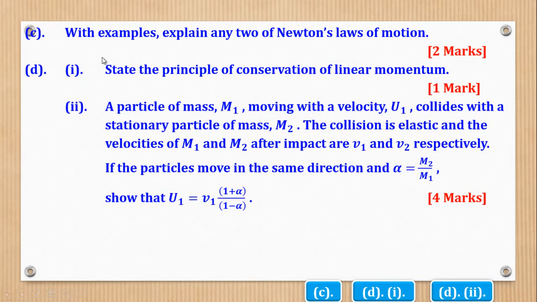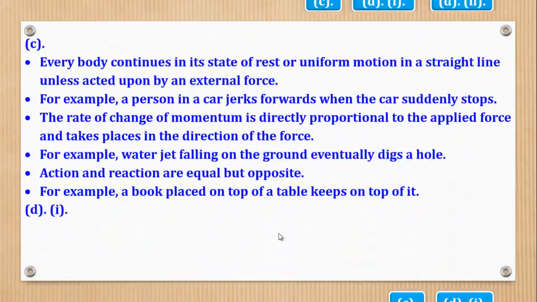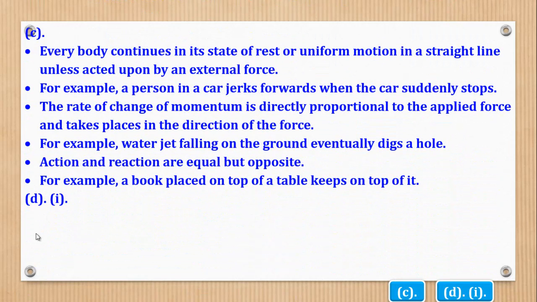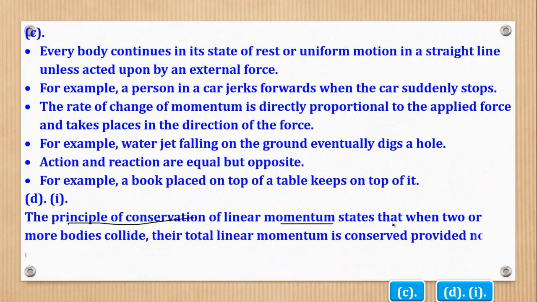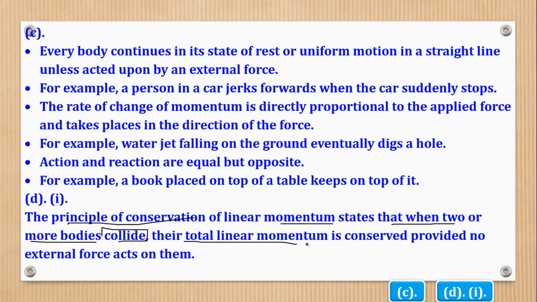Then part D Roman 1, state the principle of conservation of linear momentum. So the principle of conservation of linear momentum states that when two or more bodies collide, their total linear momentum is conserved provided no external force acts on them.